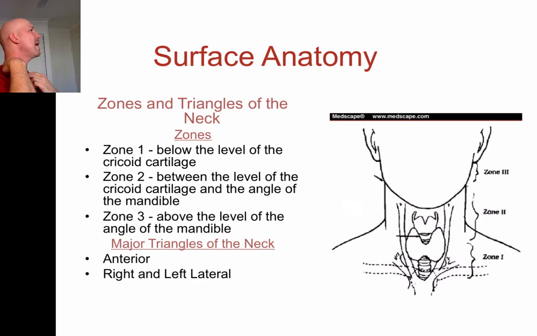If you go to the back of the neck and up, that's the right lateral triangle, and this is the left lateral triangle. So by saying something like, boom, I got stabbed here, I got a platysmal penetration injury that's in zone 1 of the neck in the middle of the right triangle. That's how you would describe that position.